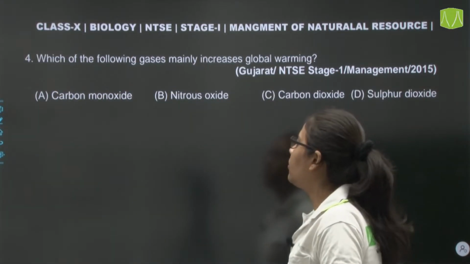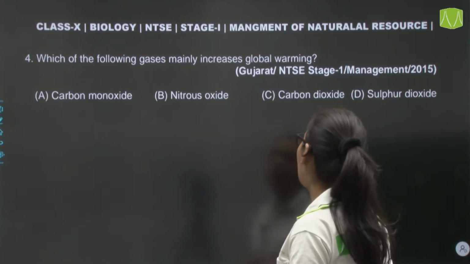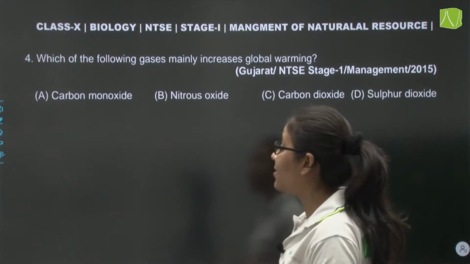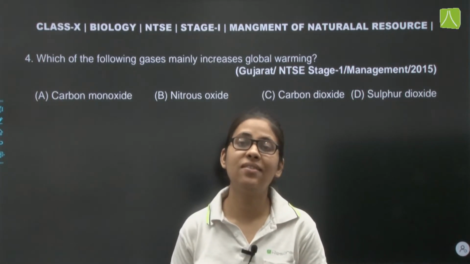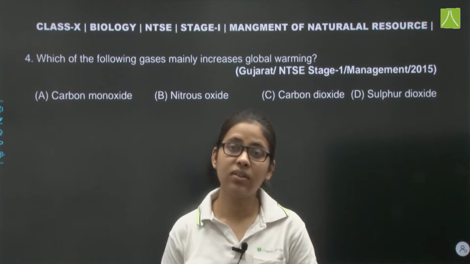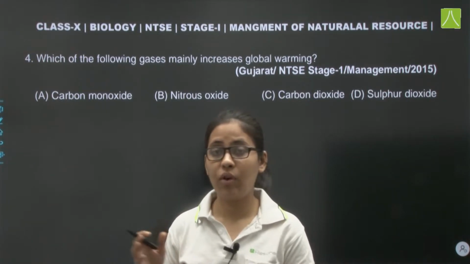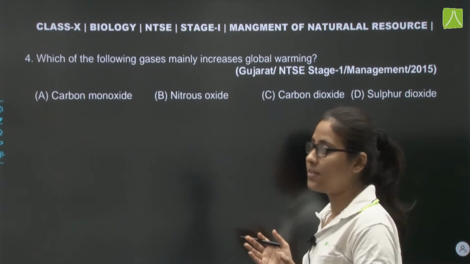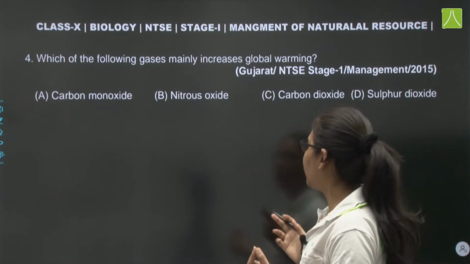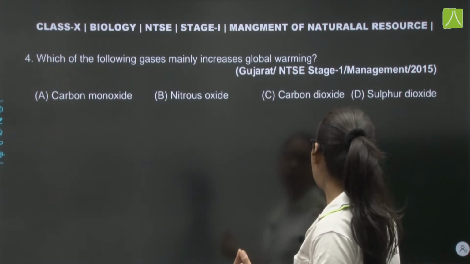Next question. Which of the following gases mainly increases global warming? Global warming is increased by which gases? The cause behind global warming is the greenhouse gases. Greenhouse gases cause global warming. From these four options, the options are carbon monoxide, nitrogen oxide, carbon dioxide or sulfur dioxide.